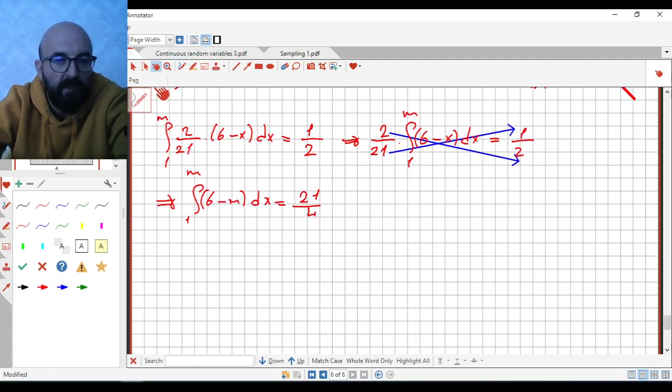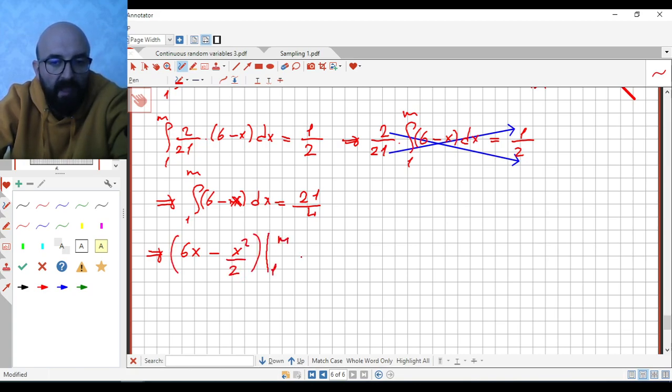Now I will work out the integration. The integral of 6 is 6x, minus x square over 2, from 1 to m, which equals 21 over 4. So it is 6m minus m square over 2, minus 6 plus 1 over 2, equals 21 over 4.